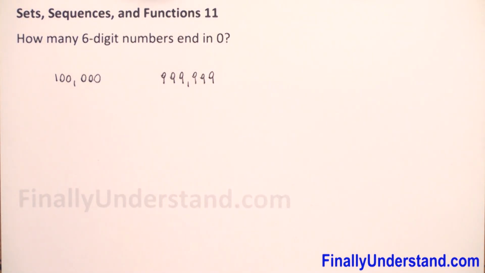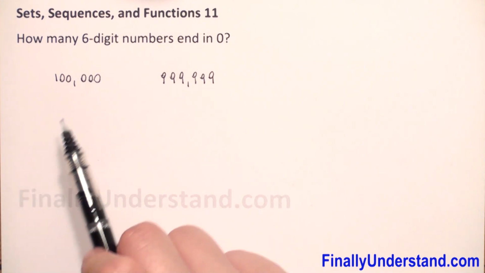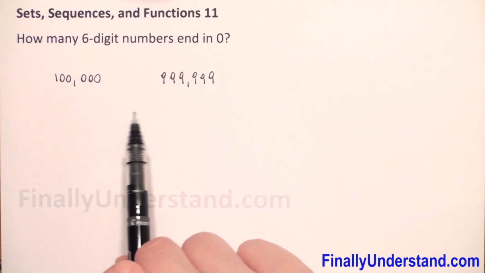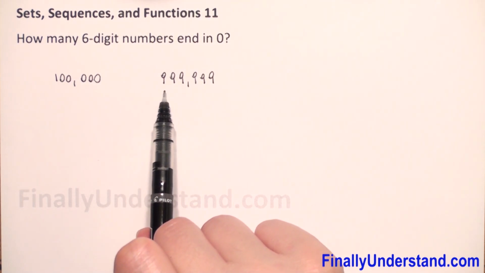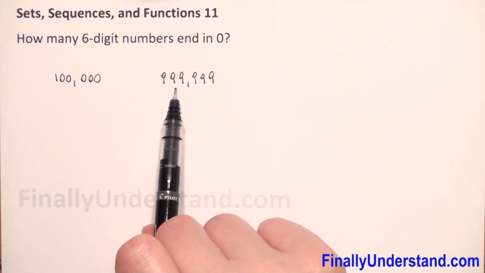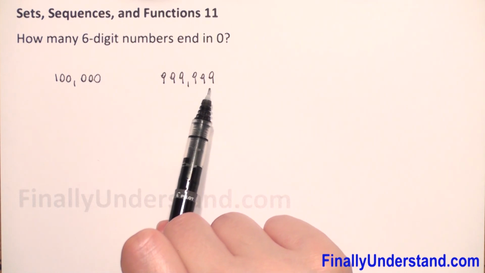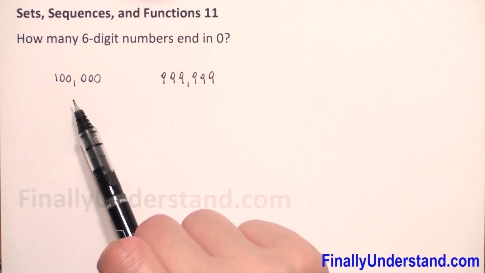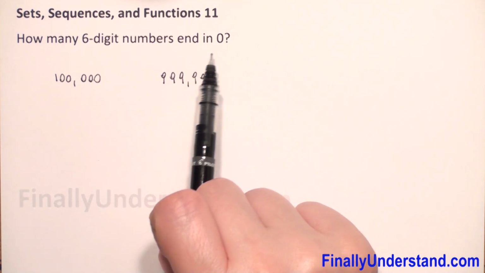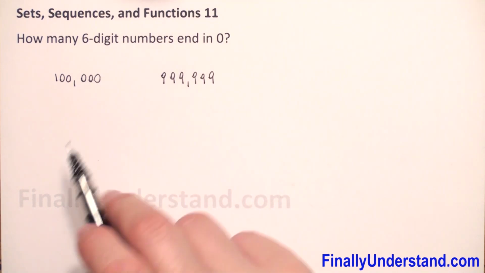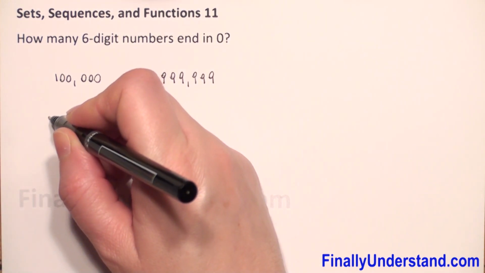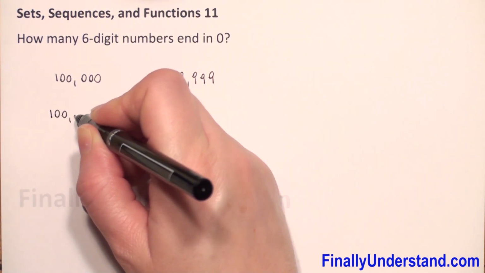So we have to find how many 6-digit numbers we have between 100,000 and 999,999. So how many of these numbers between these two numbers end in 0? So the first number which ends in 0 will be 100,000.